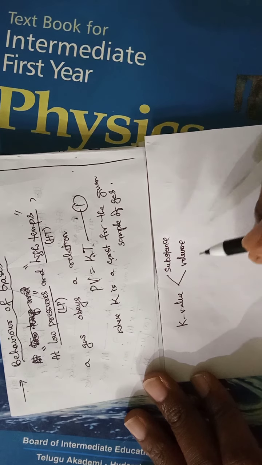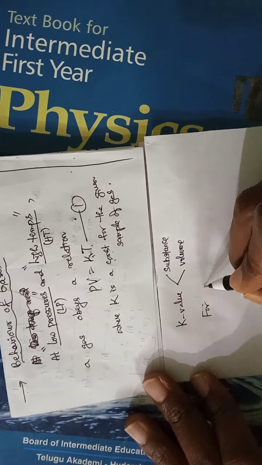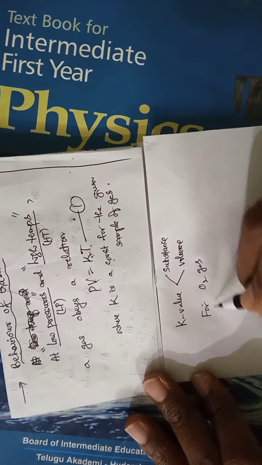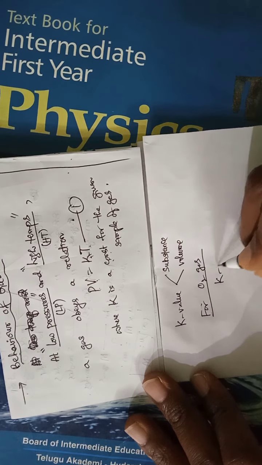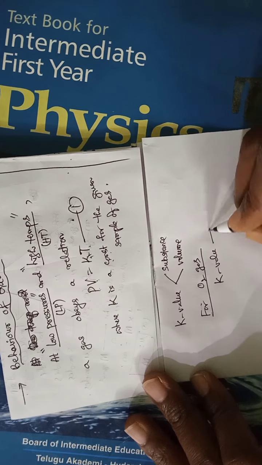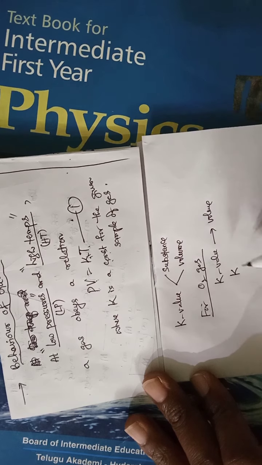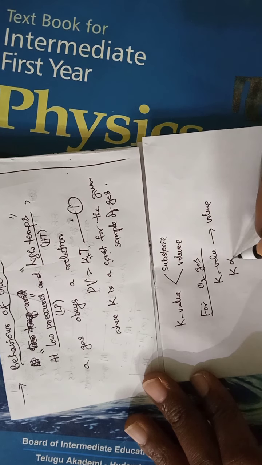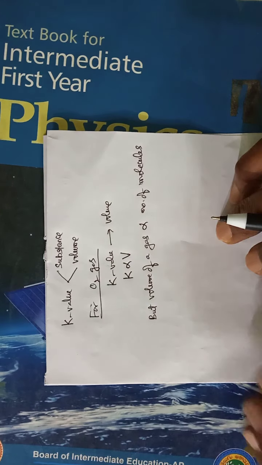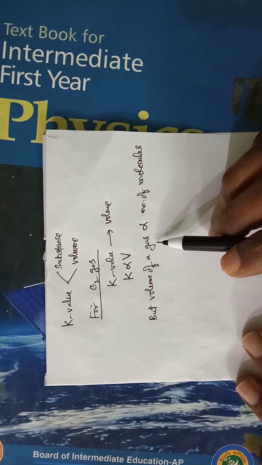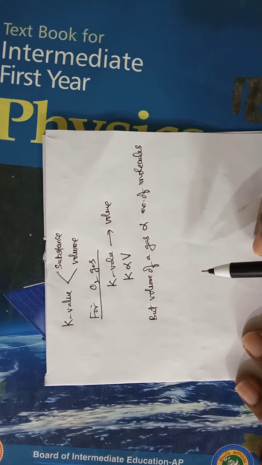Suppose you have selected oxygen gas. For the given gas, the K value depends on the volume of the gas, and the K value is directly proportional to the volume. But the volume of a gas will be directly proportional to the number of molecules.